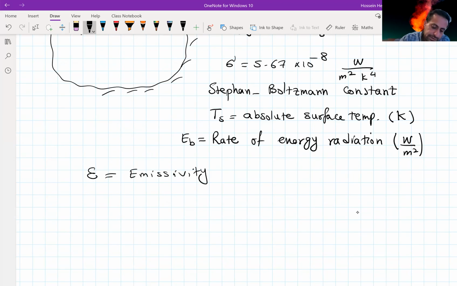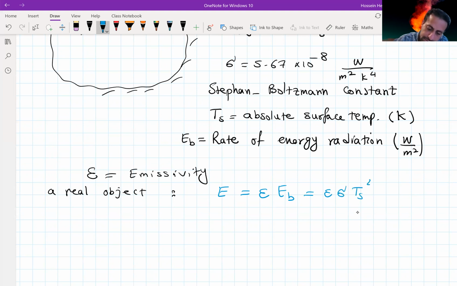And when we deal with a real object, a real object can emit energy, just using a different color, as a fraction of what a black body can emit, or epsilon sigma Ts to the power of 4, where epsilon is between 0 and 1.